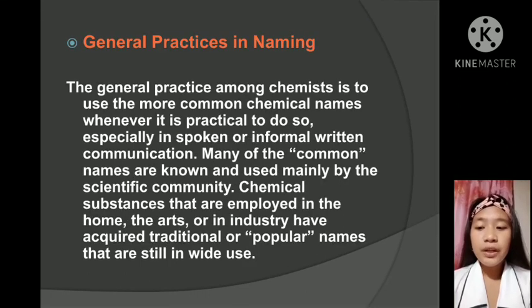The general practice among chemists is to use the more common chemical names whenever it is practical to do so, especially in spoken or informal written communication. Many of the common names are known and used mainly by the scientific community. Chemical substances that are employed in the home, the arts, or in industry have acquired traditional or popular names that are still in wide use.